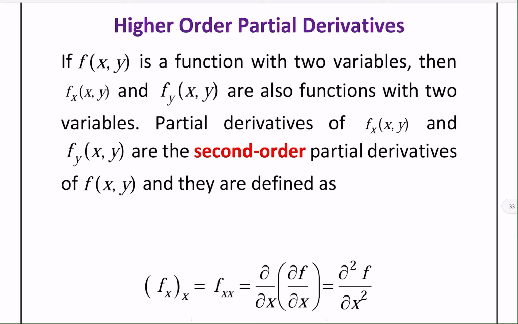If f(x, y) is a function with two variables, then f_x and f_y are also functions with two variables. The partial derivatives of f_x and f_y are the second order partial derivatives.